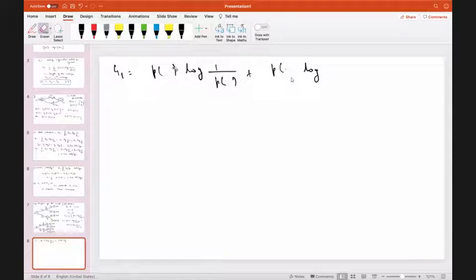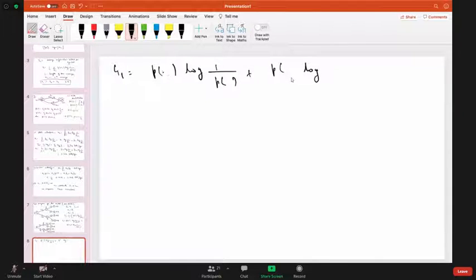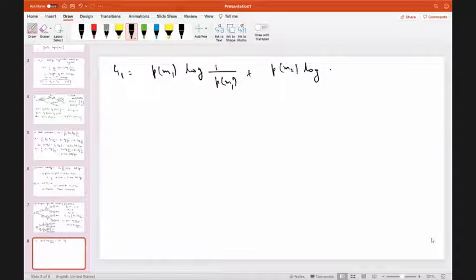Let me write it as M1 and M2 only. Probability of M1 log 1 over probability of M1, plus probability of M2 log 1 over probability of M2.